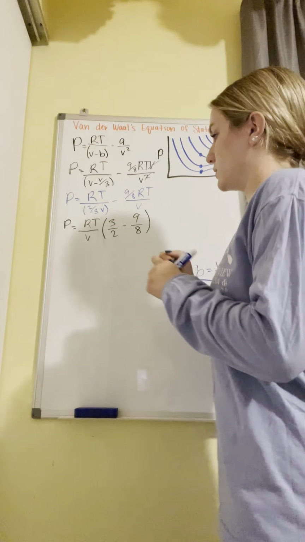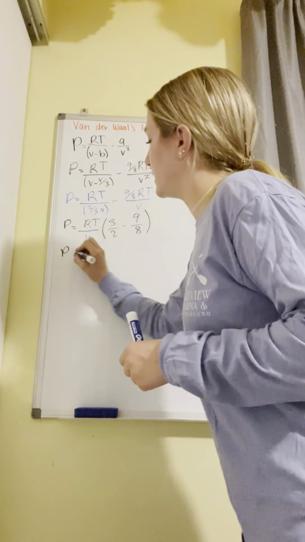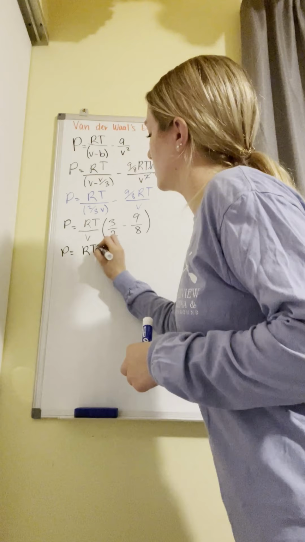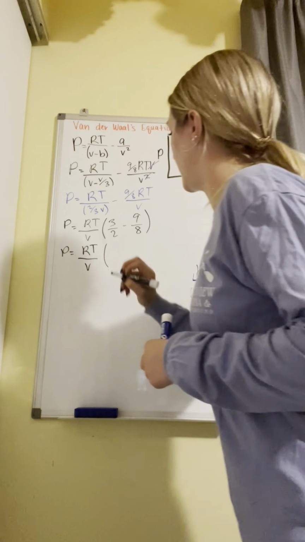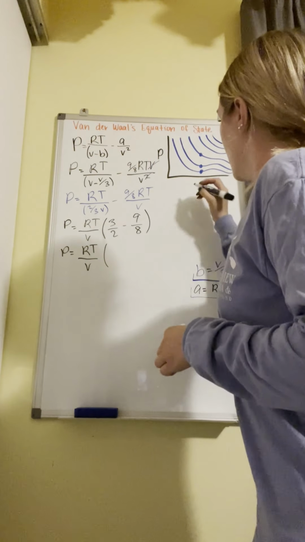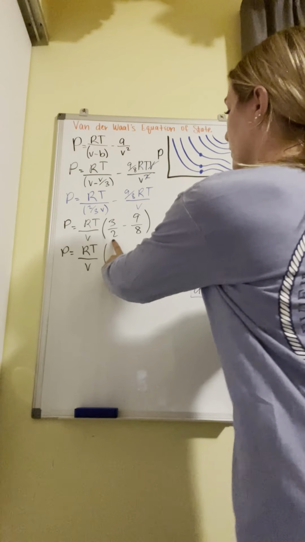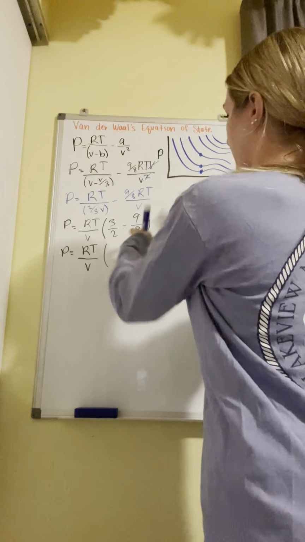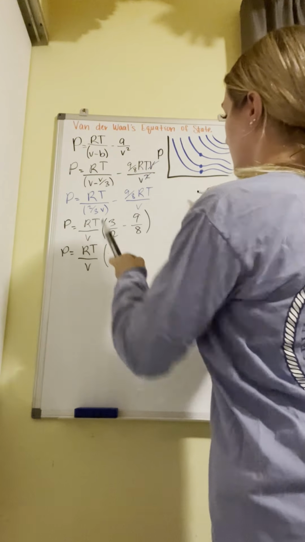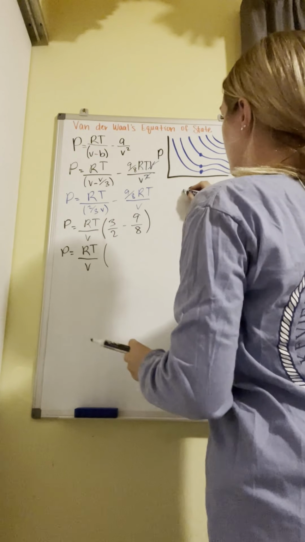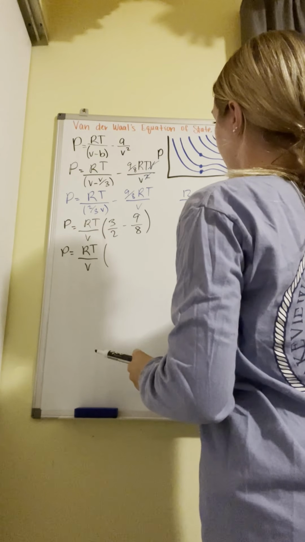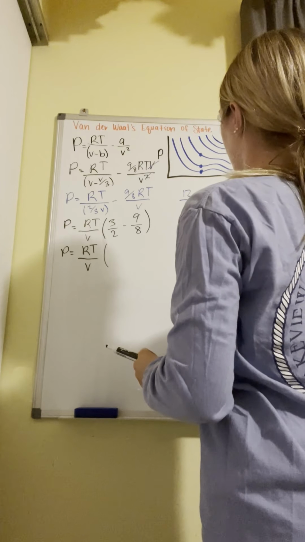So this is going to be P is equal to RT over V times, if we turn this denominator into 8, we will have 12 over 8 minus 9 over 8.